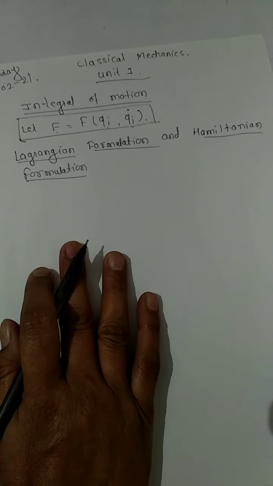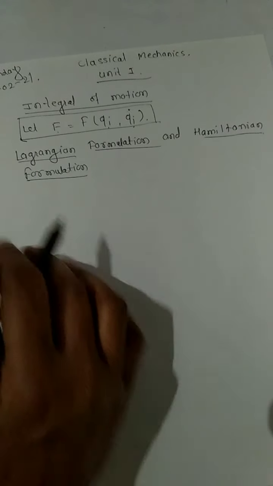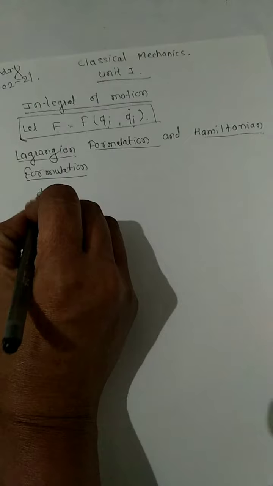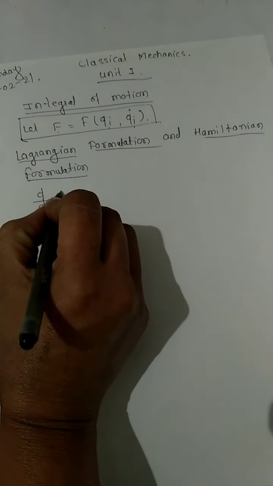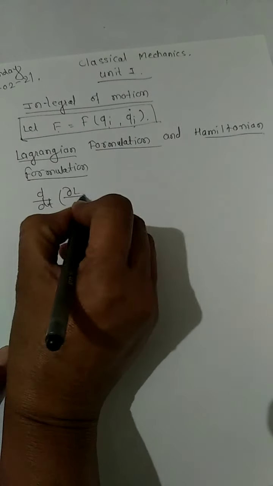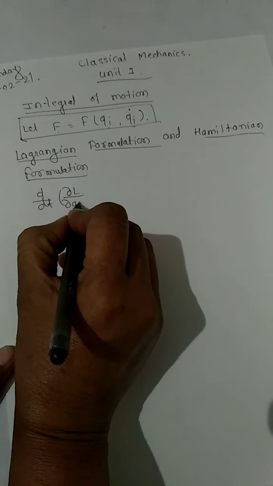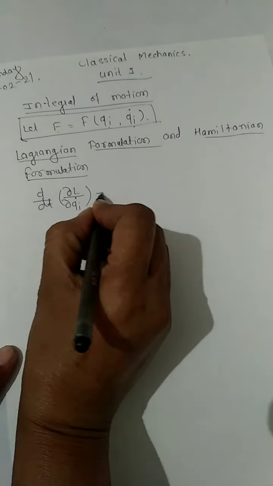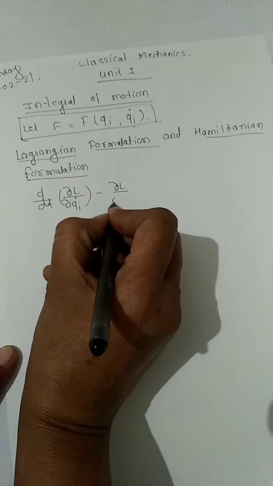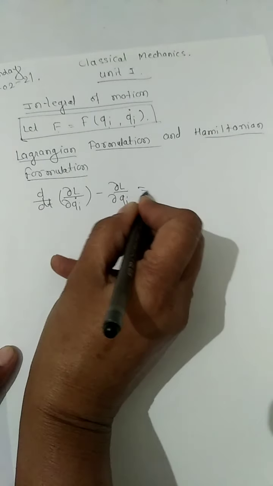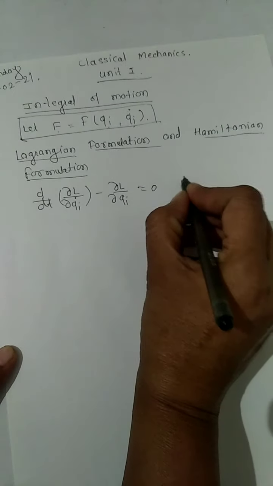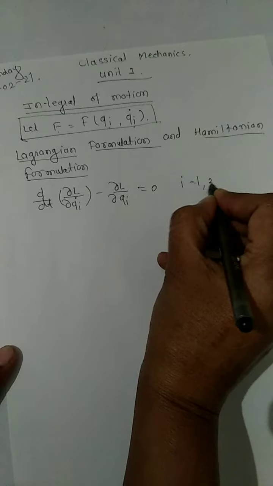The Lagrangian equation of motion for a conservative system, as you know, is d upon dt of del L upon del qi dot minus del L upon del qi is equal to 0, where i is equal to 1, 2, up to n.